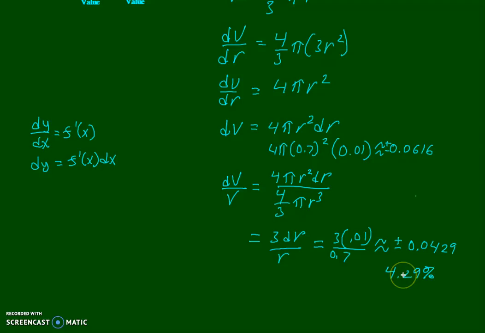Or we could call that 4.29% error. So, after all, not such a bad approximation to our values.